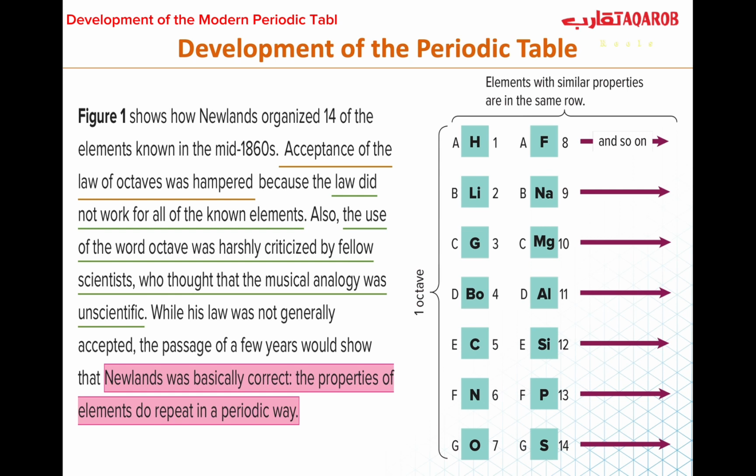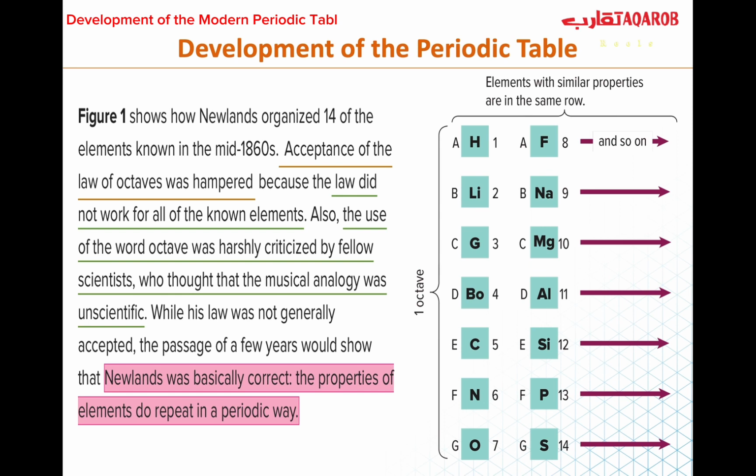As you see in figure 1, Newlands organized 14 of the elements that were known at that time. Acceptance of the law of octaves was hampered. Why? Because the law did not work for all the known elements. Also, the use of the word octave was harshly criticized by scientists because they thought the musical analogy was unscientific.